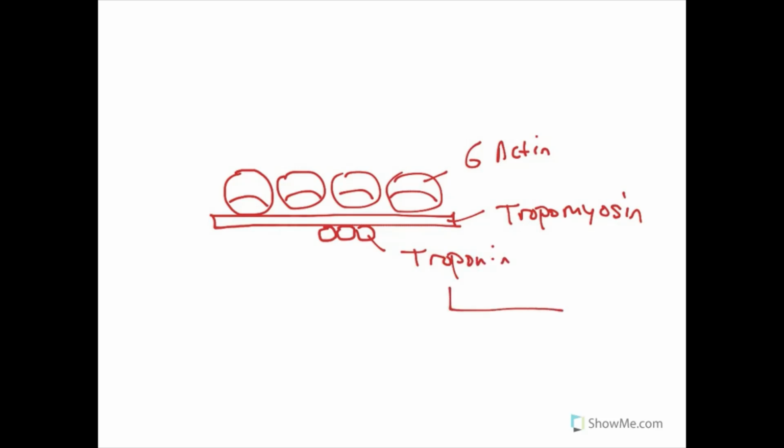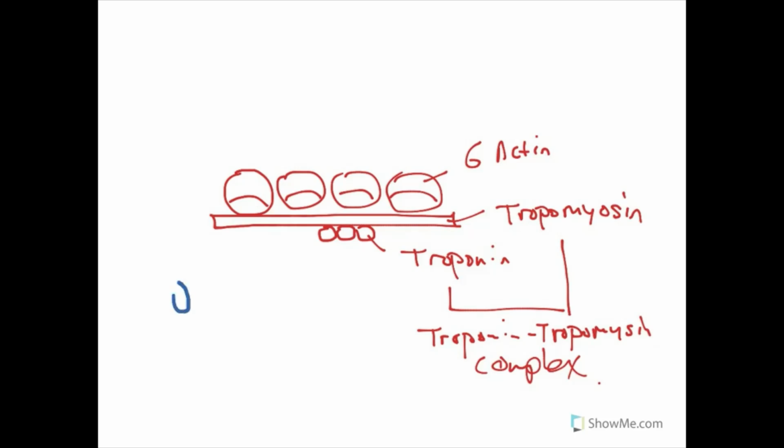And when troponin and tropomyosin come together, we have the troponin-tropomyosin complex. And these regulate the actin and myosin interactions. So when myosin is here and wants to interact with it, it can't, because tropomyosin will be covering the active sites, the myosin binding sites, okay?